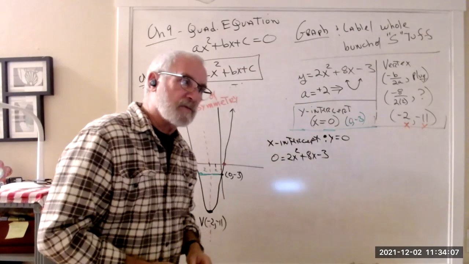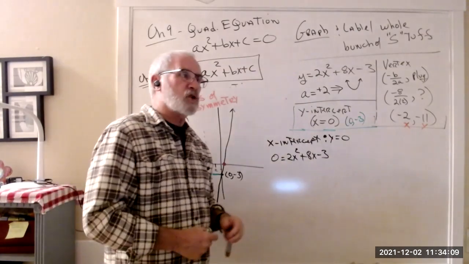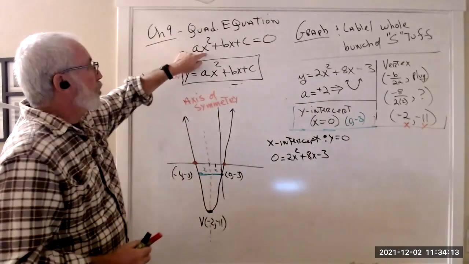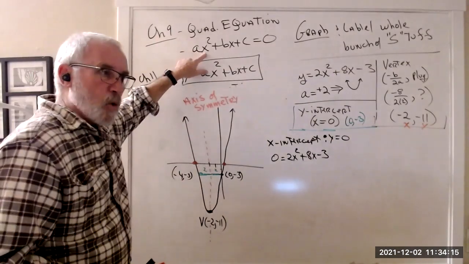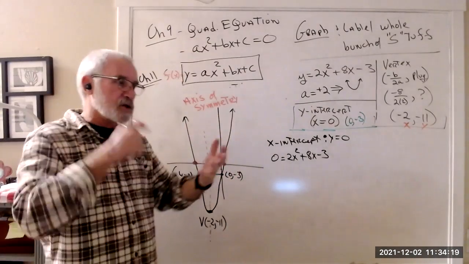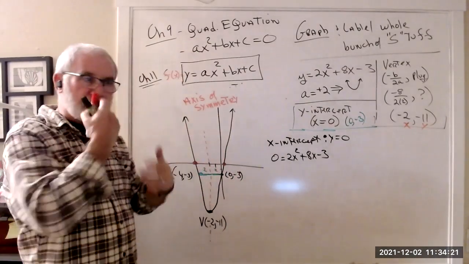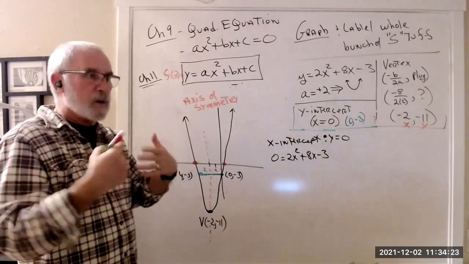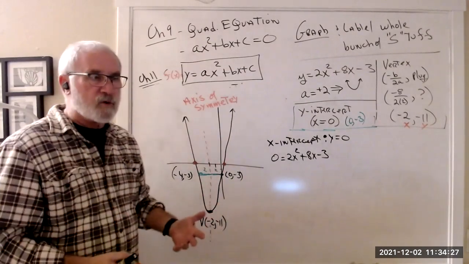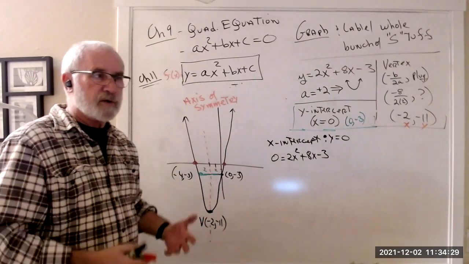Now all of a sudden, we're back into chapter 9, where we were solving quadratic equations. And we had a bunch of ways to do that. Does it factor? Can I use the 0 or the square root property? Do I use the quad formula? That's what you have to decide.